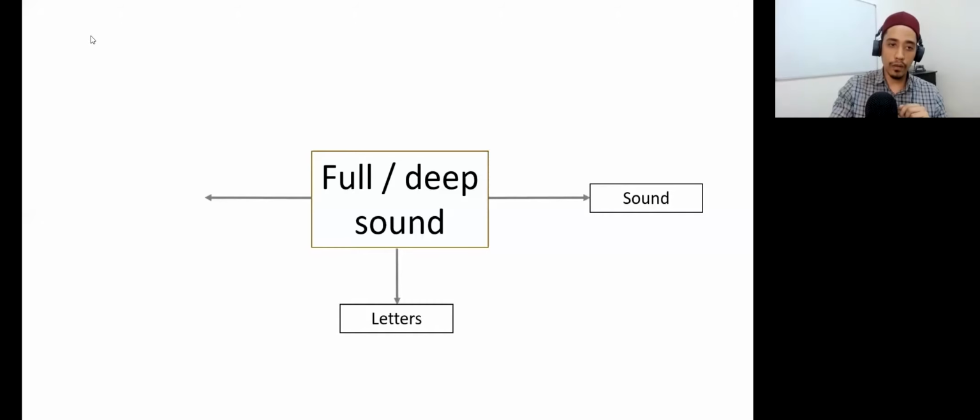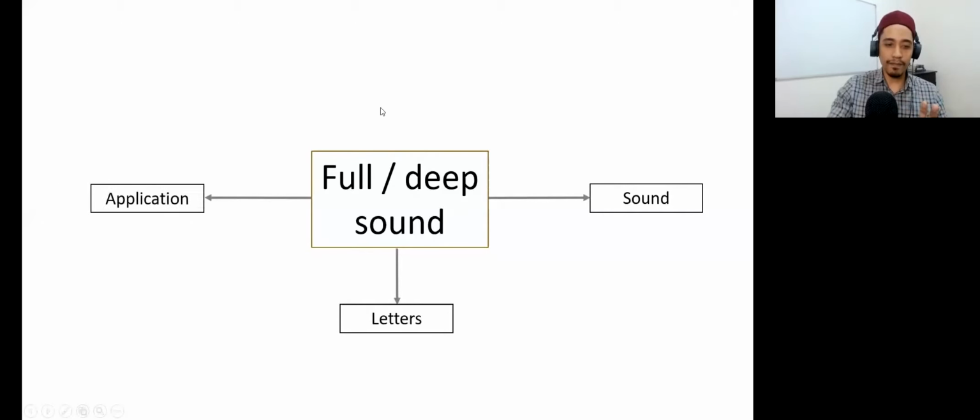The first thing, when it comes to this concept, we want to know the sound. What is the sound? How does it sound exactly? Number two, we want to know which letters have this sound. Number three, we want to know, is there any particular way or any particular time when we should apply this concept?